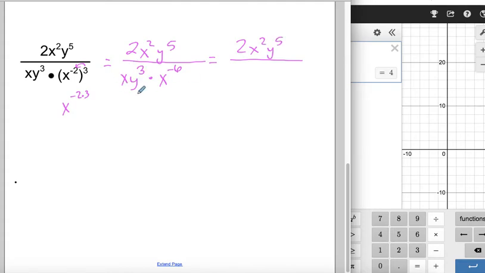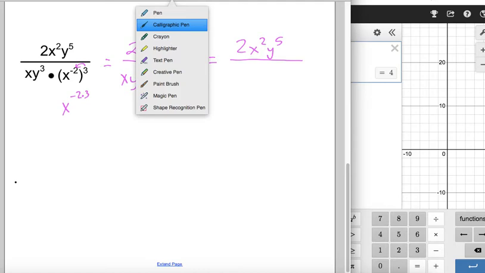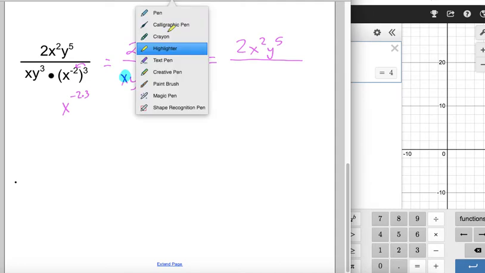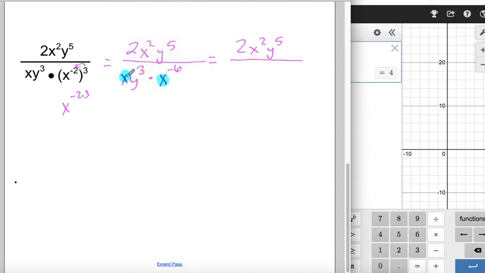So the bottom here, I'm going to simplify this product rule. And what I'm going to simplify about it is the fact that we have like bases of x's. On the left side, the like base of x has a power of 1. And so when you are multiplying like this, you're thinking of an x to the 1 times an x to the negative 6. And so when you do that, you're adding your exponents.